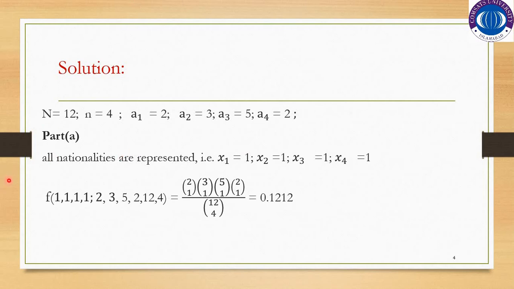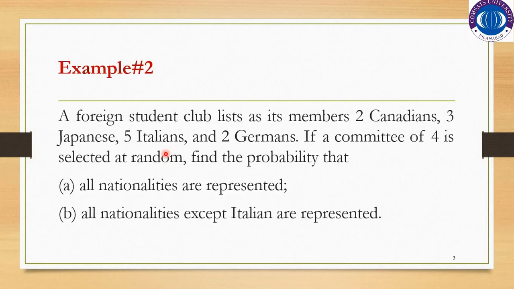So here it is written that find the probability that all nationalities are represented. So if you say that you have to represent all the nationalities, that is Canadian, Japanese, Italian and German, and you are selecting a committee of 4, so it is obvious that you will select 1 Canadian, 1 Japanese, 1 Italian and 1 German.